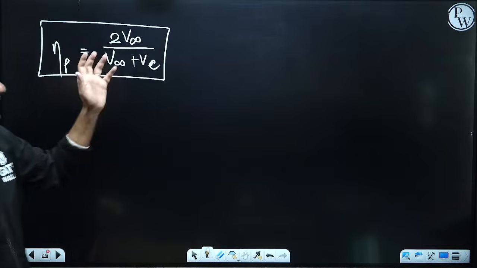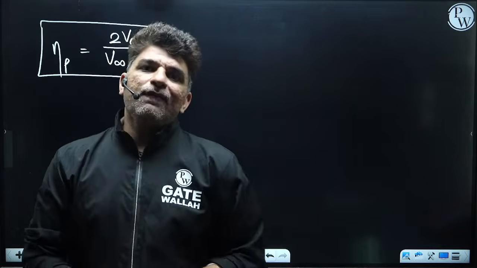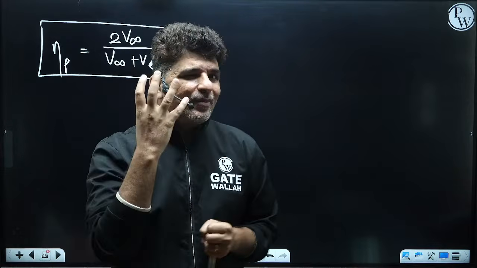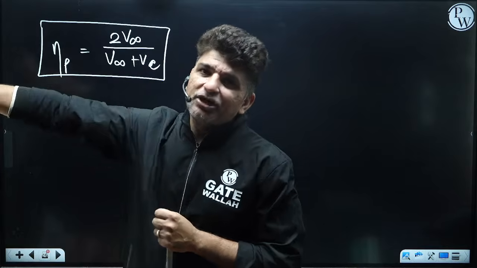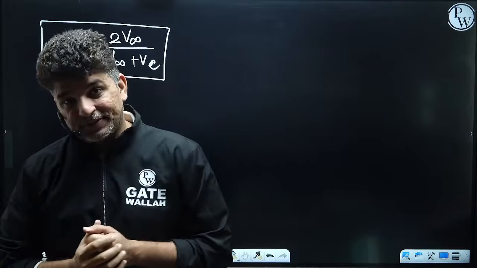This is a very powerful relation. It tells you whatever energy you are providing to the gases, how much of that energy has propelled you forward, how much has been converted into thrust.